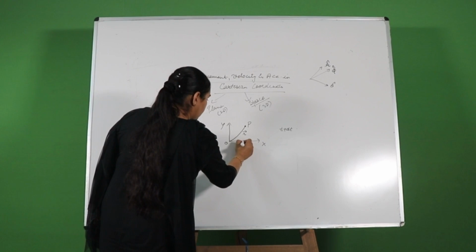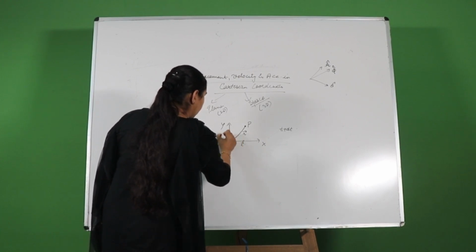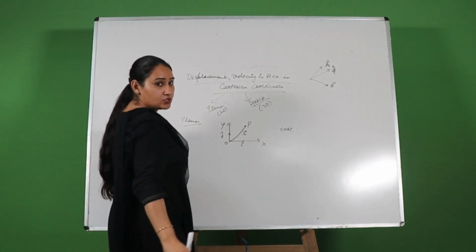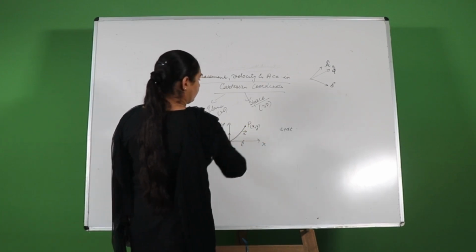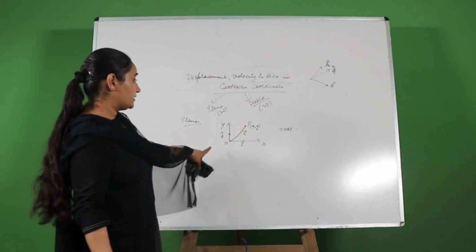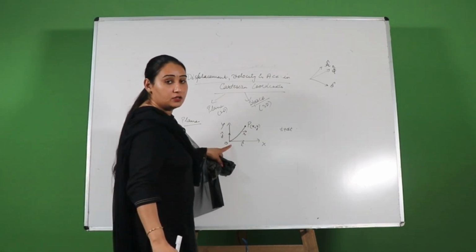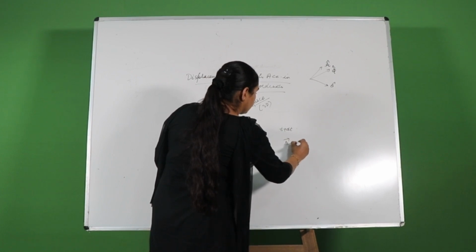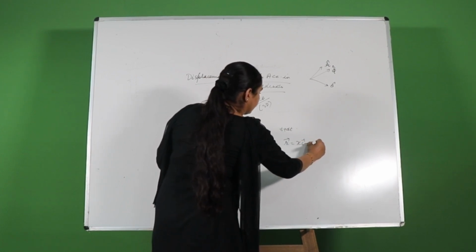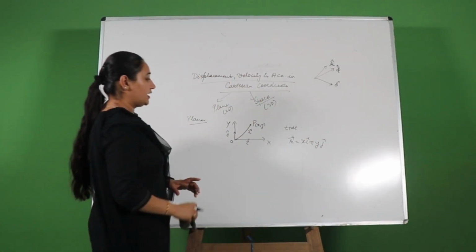Now the unit vector along the x-axis is i cap, along the y-axis is j cap. So this is the x and y coordinate, and what will be the position vector of this point P? The position will be r vector equal to x i cap plus y j cap.